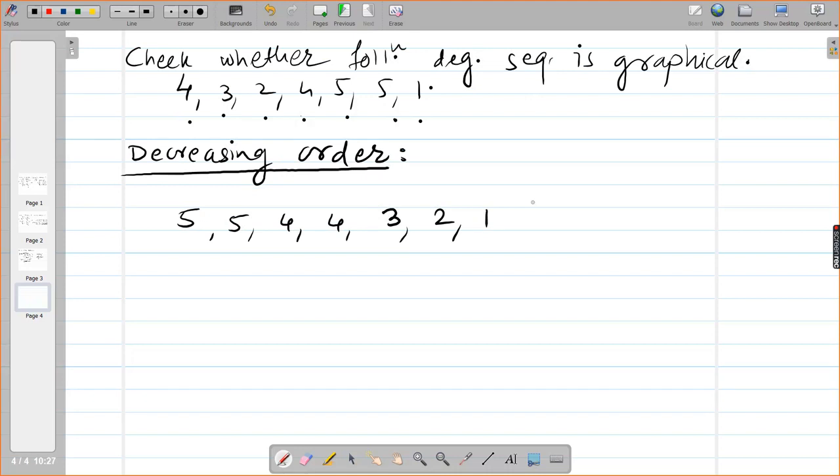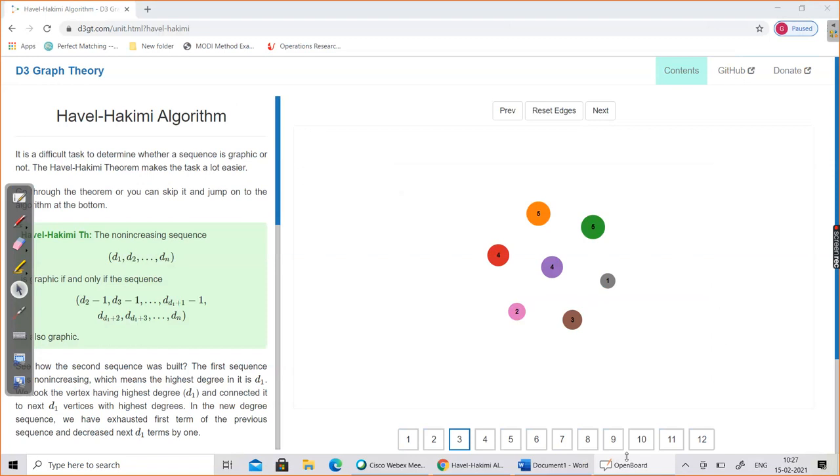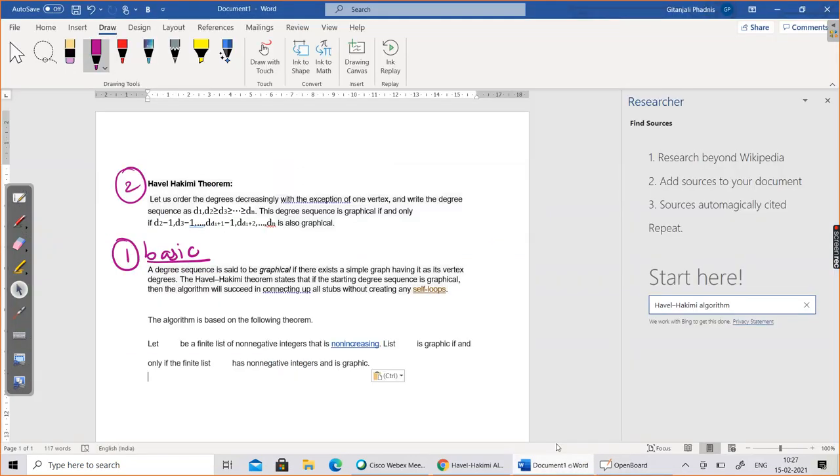Now what is the next thing? See, this is D1, D2, D3, D4, D5, D6 and D7. Now just go back to the statement. What does the statement say? D1 is vanished here, right?